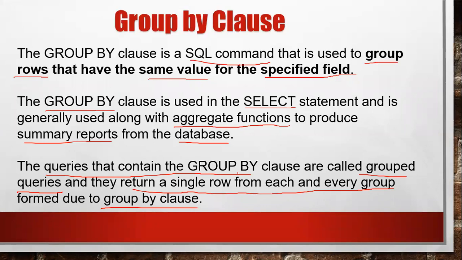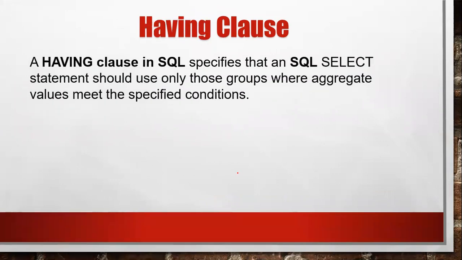Now, along with the group by clause we have already studied the having clause, so let's see that also. What are the basic points related to the having clause? The first point is that a having clause in SQL specifies that an SQL select statement should use only those groups where aggregate values meet the specified condition.